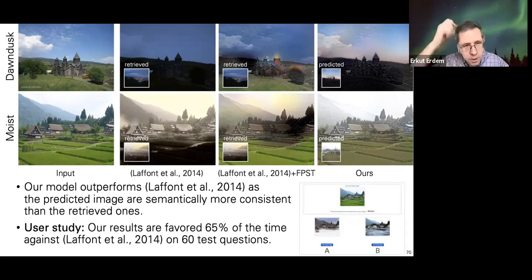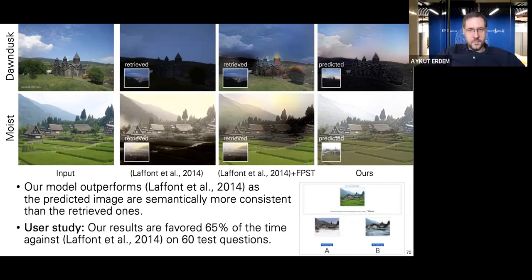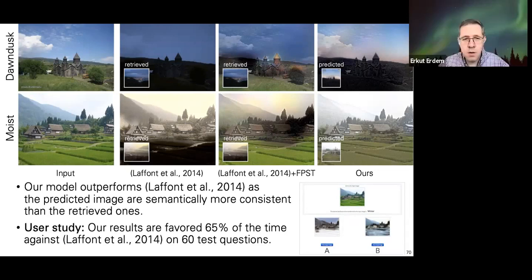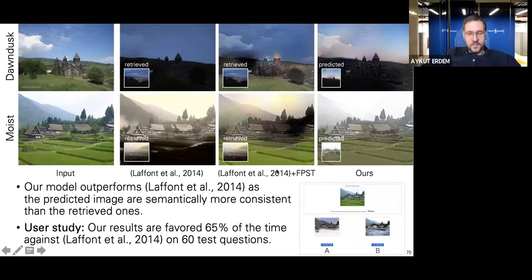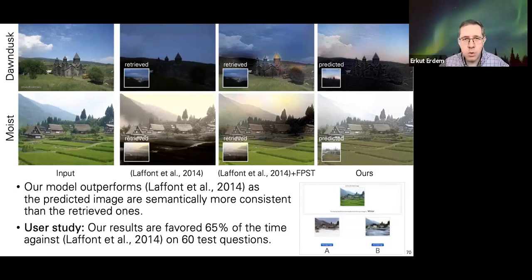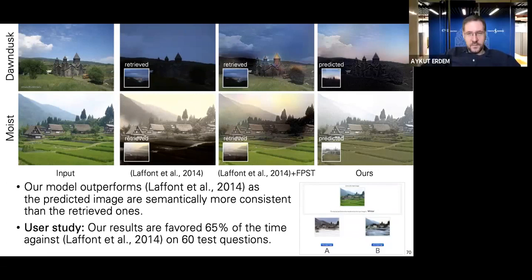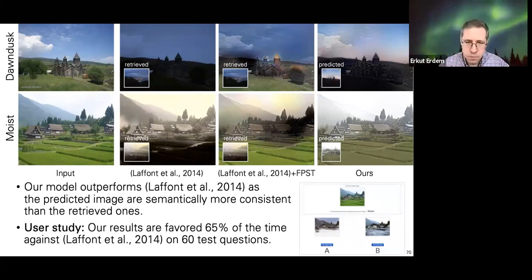And for the quantitative analysis, we performed a user study which demonstrated that our results are favored 65% of the time against the competing method by Lafont et al. on 60 different test questions. In this study, we show an input image and the results of two different methods, ours and Lafont et al., and ask the user which result they prefer under the given target attributes.